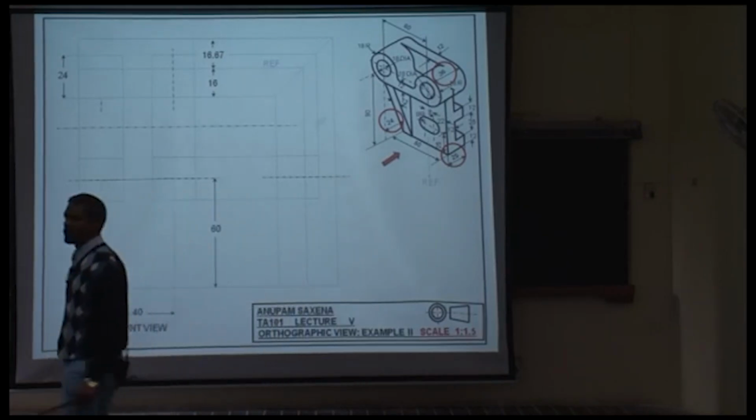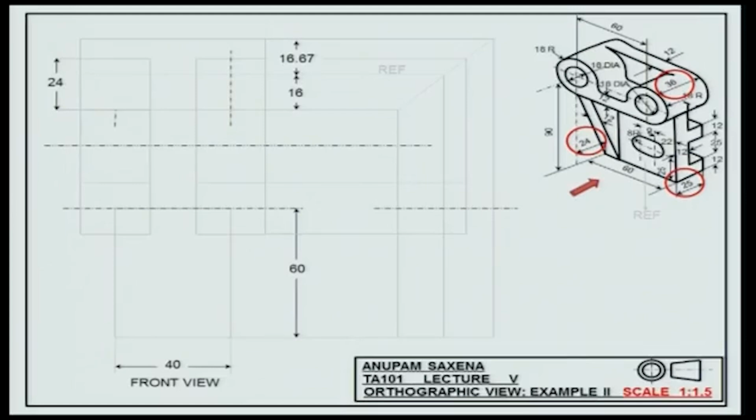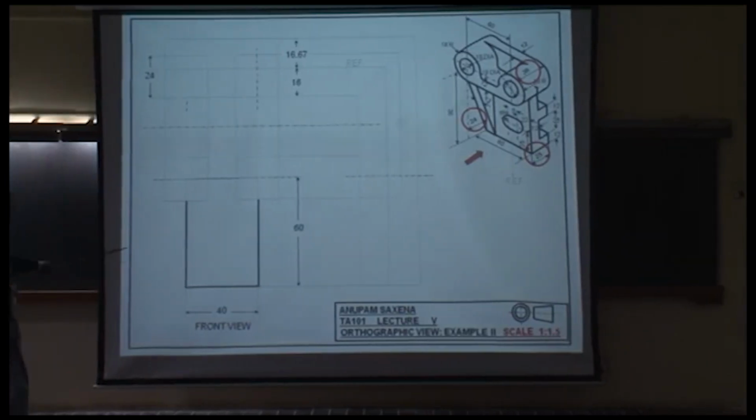Once you have the groundwork done, start drawing solid lines. Start with the base. First step. Then what? The vertical on the left, vertical on the right. So this line corresponds to what?